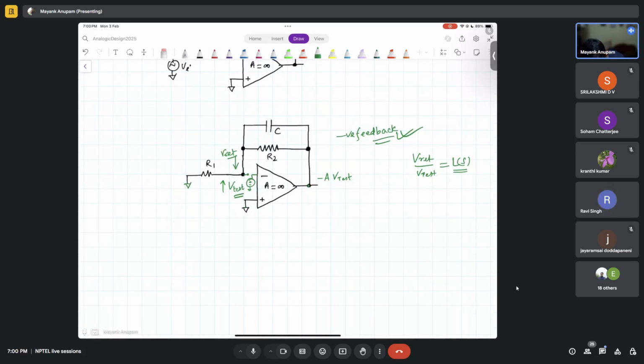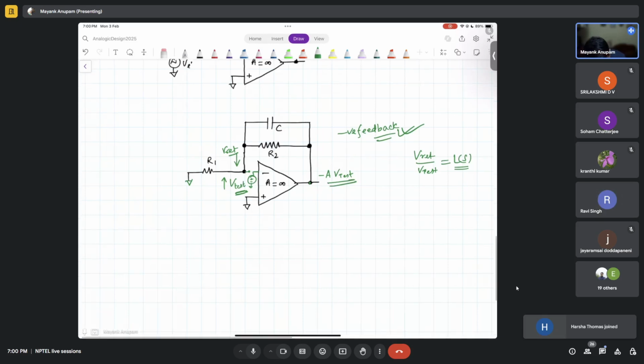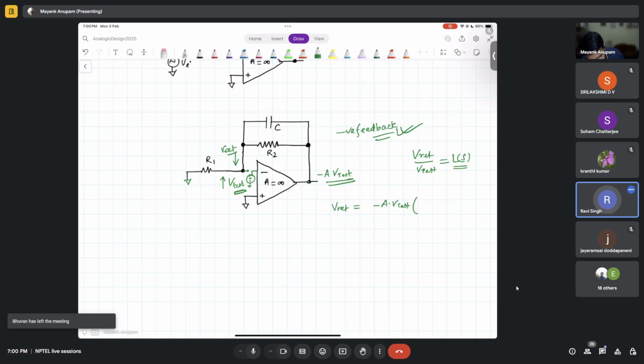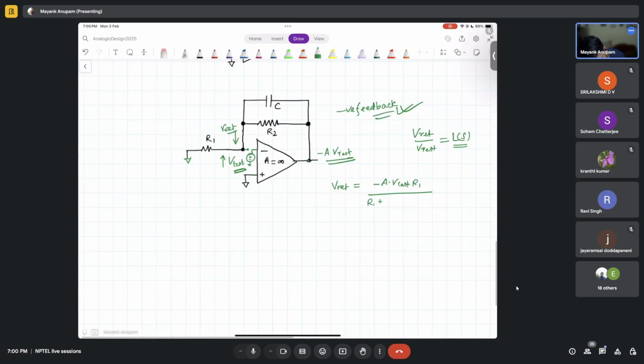Because of the application of V test here, you get a minus A times V test at the output. And then what comes back as V return? It is minus A times V test, and then voltage division, right? So what is the voltage division here? It will be R1 divided by R1 plus R2 parallel 1 by SC.